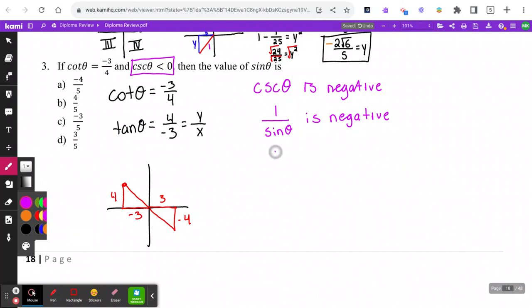Sine is negative when your y value is negative. So it's not in that quadrant because your y value has to be negative. That means this is my sketch. 3 to the right, 4 down.